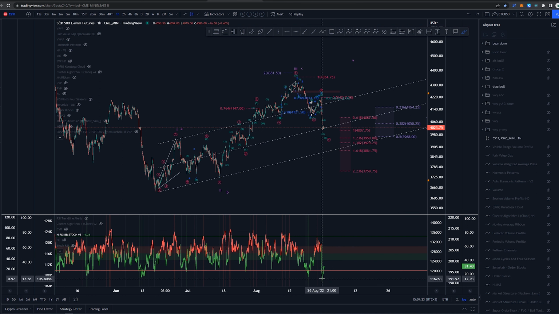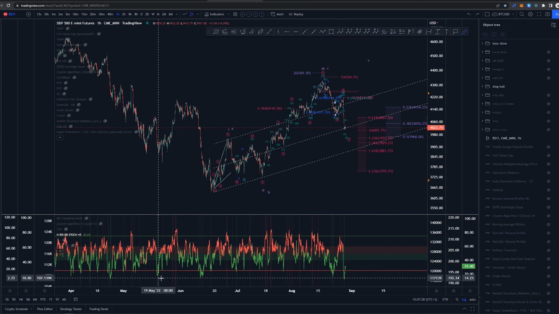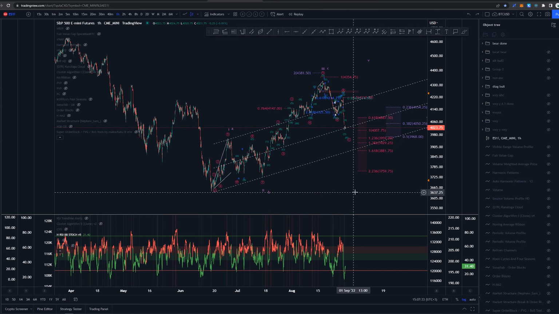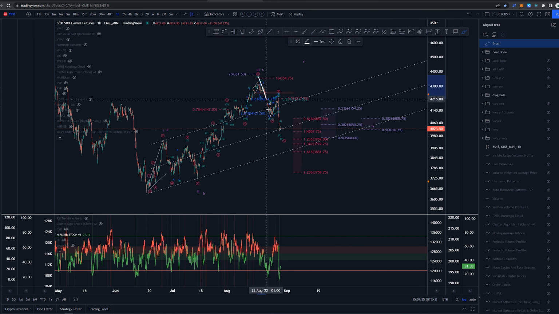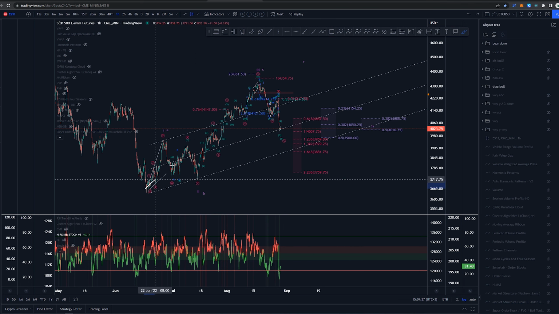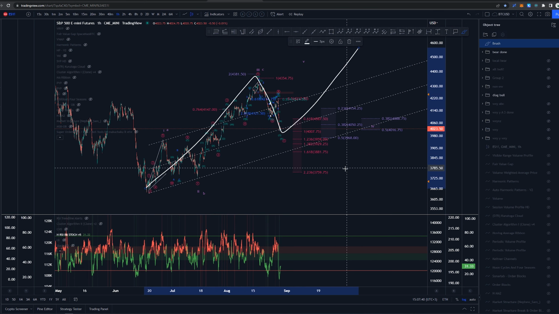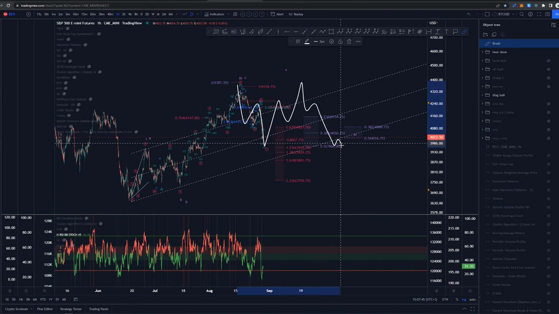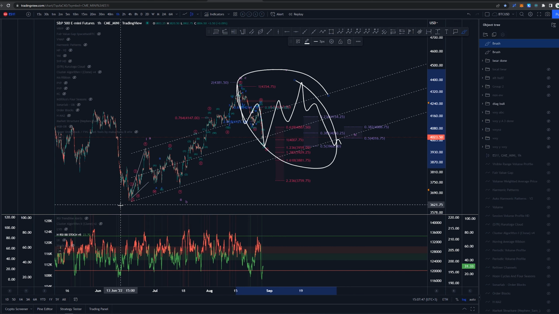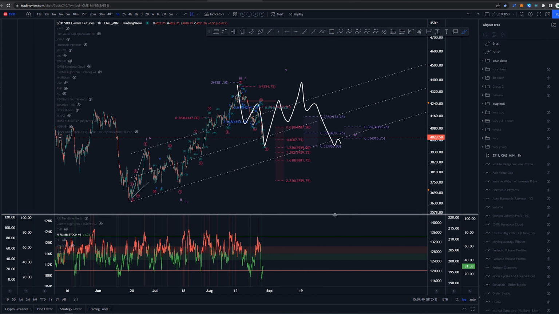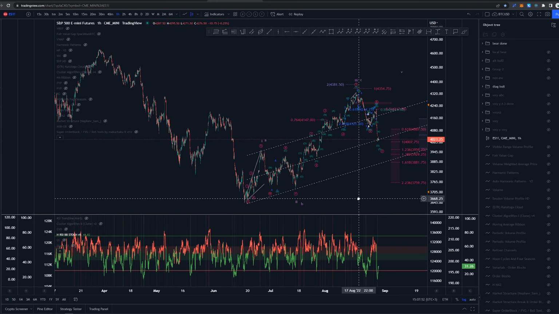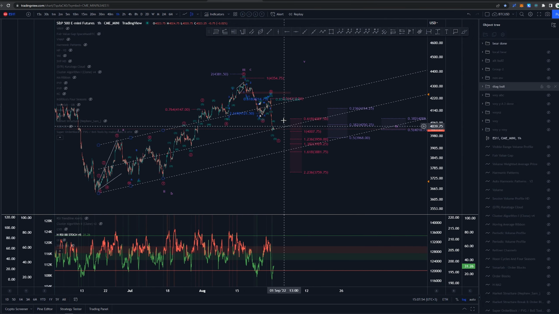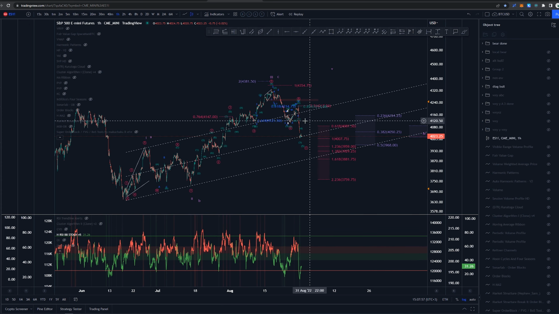Now we have taken out the lows here of this previous structure, so it is more likely to me that this indeed was a complete ABC upside, and then we would be looking at this as either a connector wave to do something like this, or we would be creating a bit larger of a connector here to connect this structure here to something higher. But we'll see how it turns out. Definitely we would be looking for long setups soon.